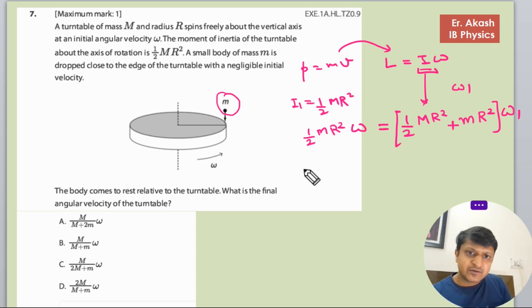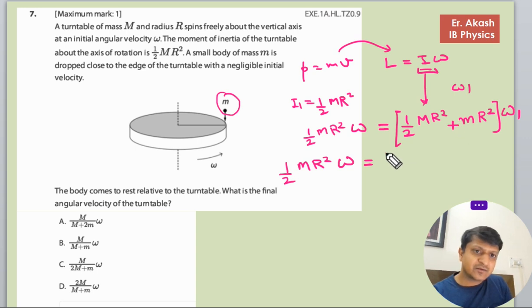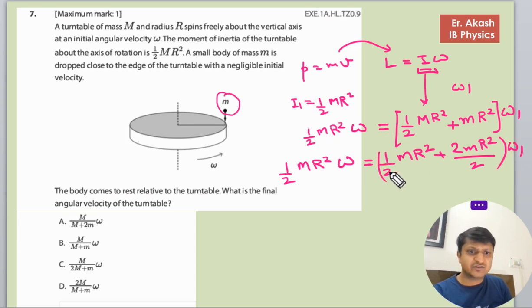Okay. So half Mr squared omega equals, I will just multiply both sides by 2, so half Mr squared times 2 becomes omega 1 times the bracket. Then the 2 and 2 can be cut off because they are common, and r squared is also common, so we remove that.